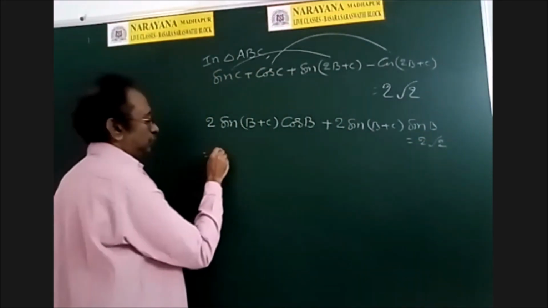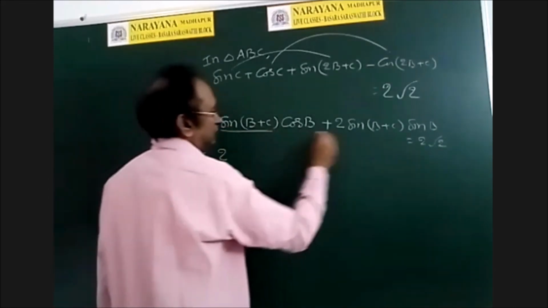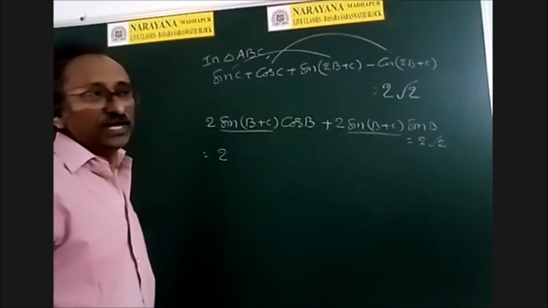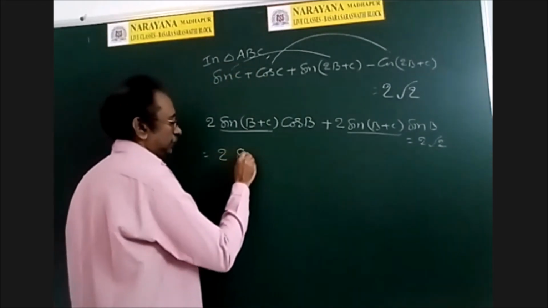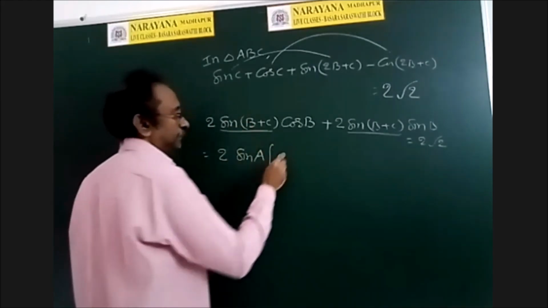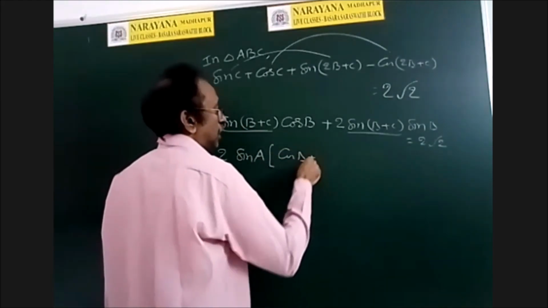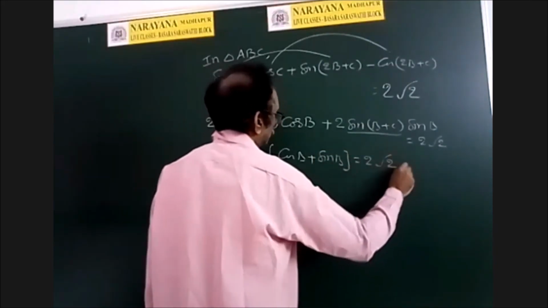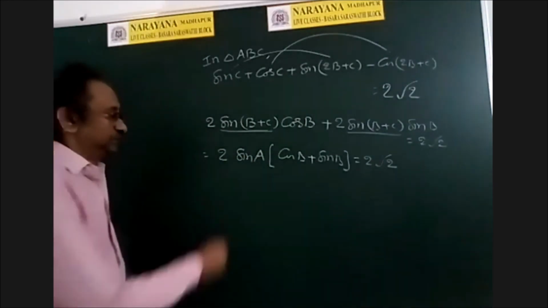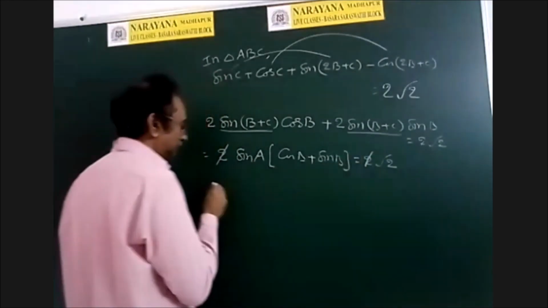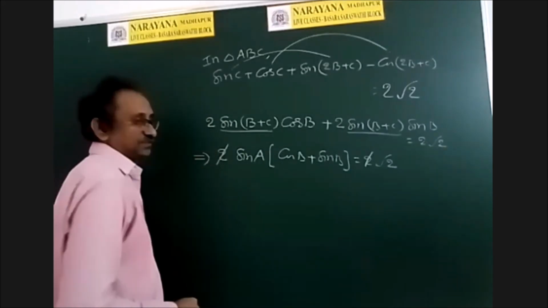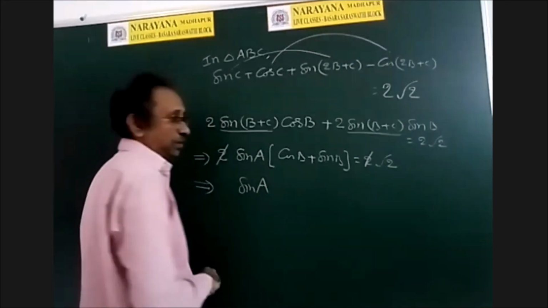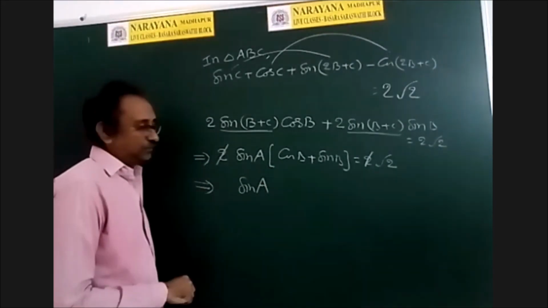So here you can take 2 sin (B plus C) also common, but actually B plus C plus A is 180. So B plus C is 180 minus A. So sin (B plus C) can be written as sin A into cos B plus sin B is equal to 2 root 2. Right. And now 2 is cancelled. That implies, so as a mathematics student, you should know when you have to write implies and when you have to write equality.